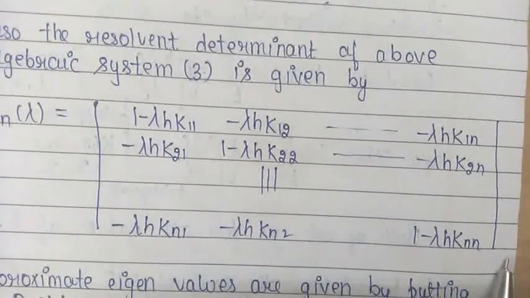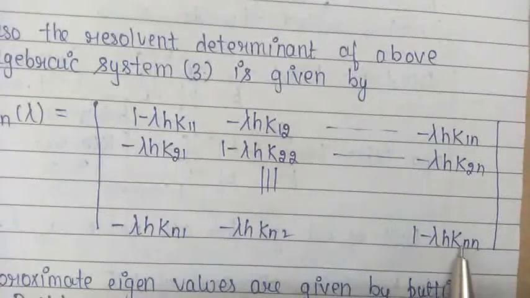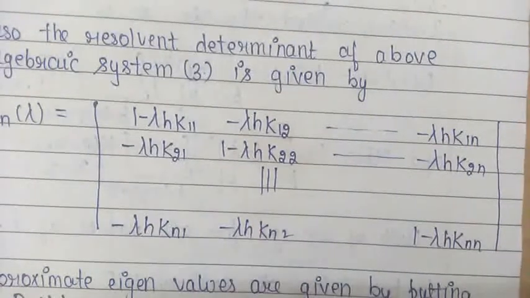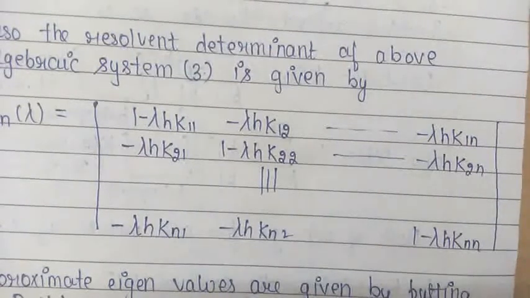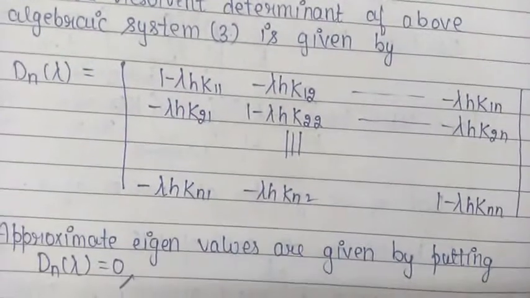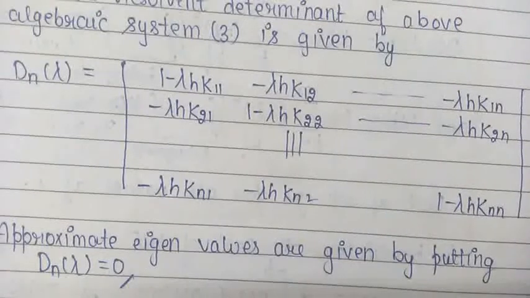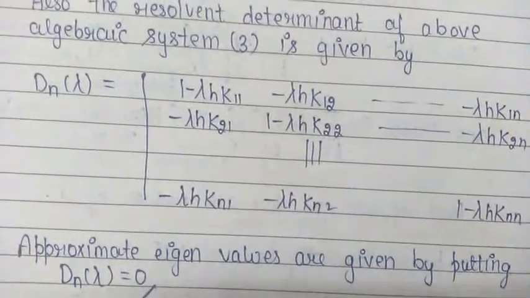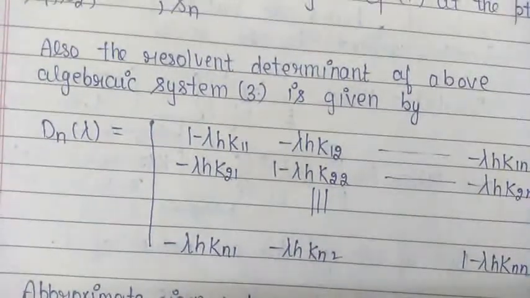So in this way we get the last row of the resolvent determinant. This is the resolvent determinant of the algebraic system given by equation 3. And if we put this determinant equal to 0, we get the approximate eigenvalues.